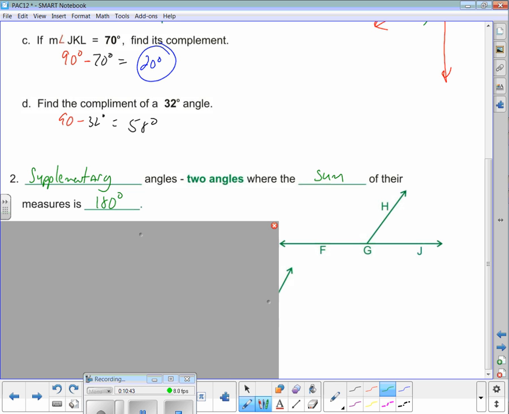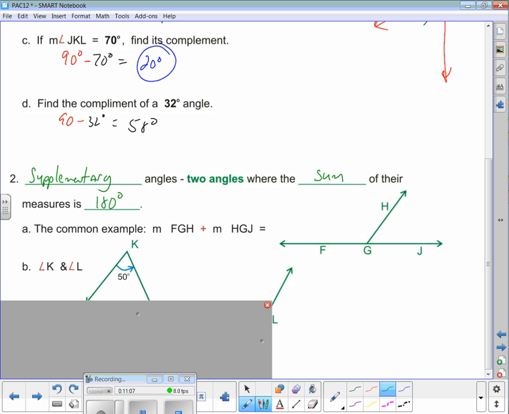I don't know about you, but for me, I just remember they're alphabetical. 90 comes before 180, C comes before S. But you don't want to call two angles that add up to 90 supplementary, and you don't want to call two that add up to 180 complementary. Don't get them flip-flopped. Okay? Supplementary add up to 180, complementary add up to 90.